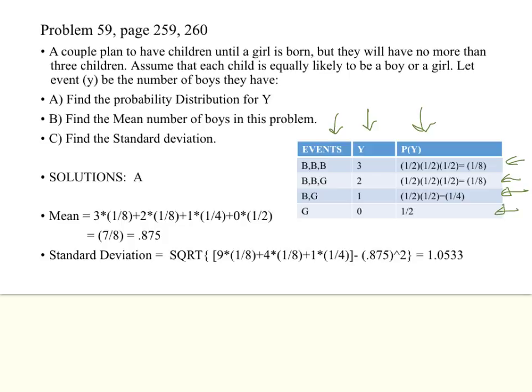So if we want to find the mean number of boys, we use the formula. We multiply the value of y times its probability, and you can see we come up with 7/8, which is 0.875 of a boy, which is approximately 1 boy.